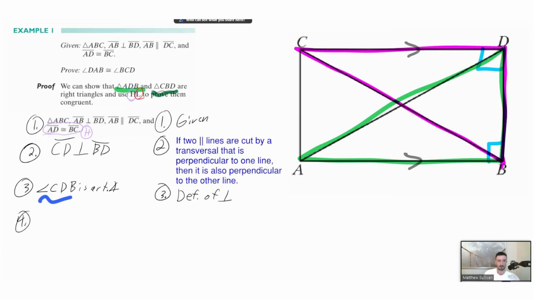The reflexive property, right? The same side one. Yeah, there you go. DV is congruent to DV. That makes sense. We can mark it up just with an X. What should I write for the reason then? Reflexive property. Excellent.